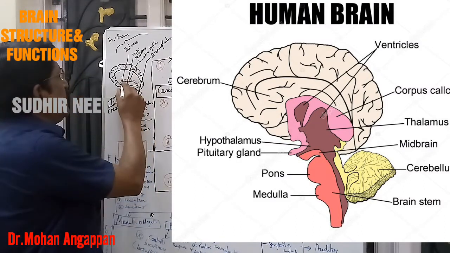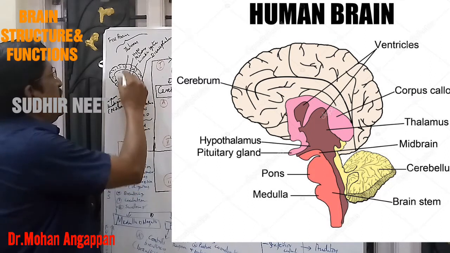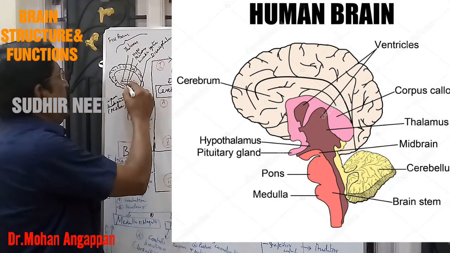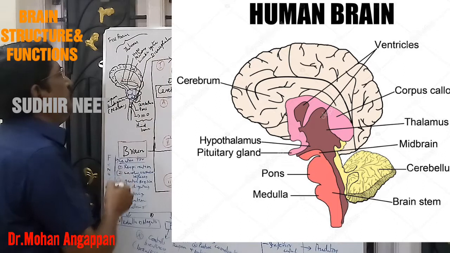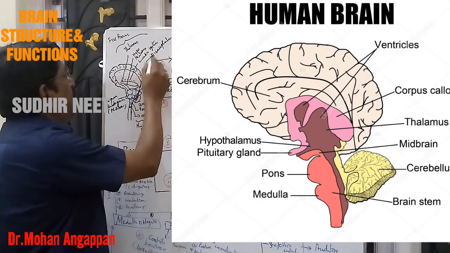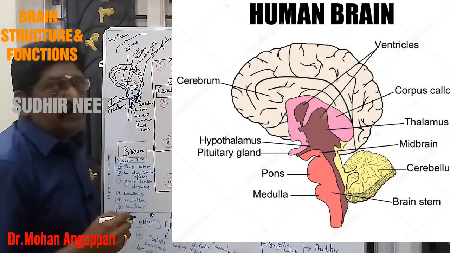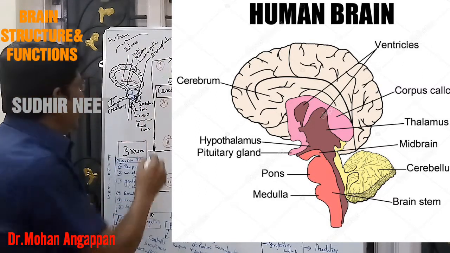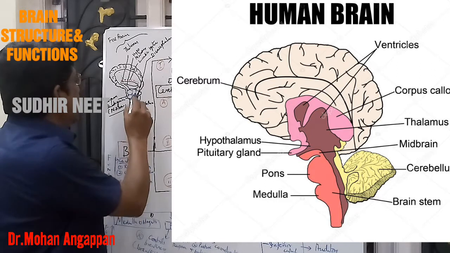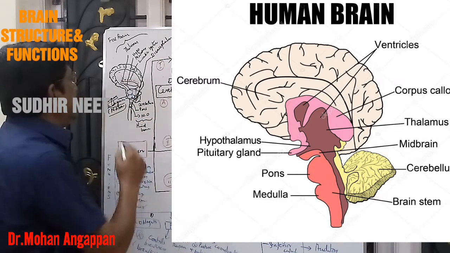You can see the diagram here, the diagram of LS of brain. This is the thalamus. Behind that you get the hypothalamus. In between the thalamus and hypothalamus, you get the limbic system, and then the diencephalon. These four comprise the forebrain. Then coming to the midbrain, you can see the blue structures, the corpora quadrigemina.